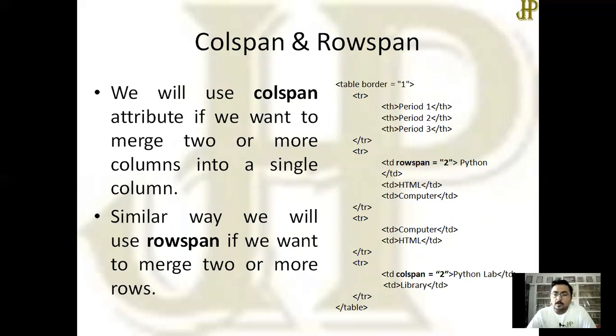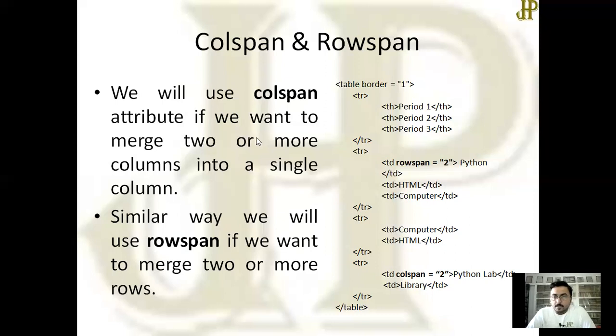So how can it be achieved? It can be achieved with the help of the colspan and rowspan attributes. If we want to merge two or more columns, then you have to use colspan. And whenever you have to merge two or more rows, then you have to give the rowspan value.